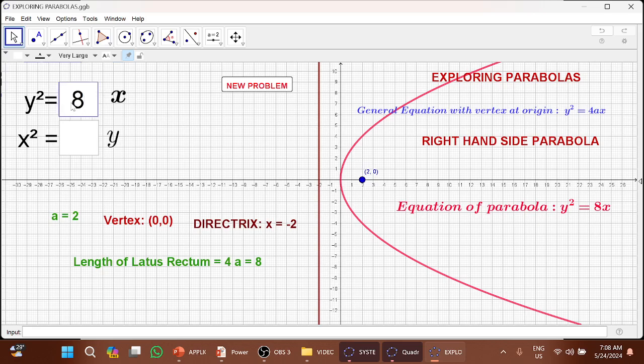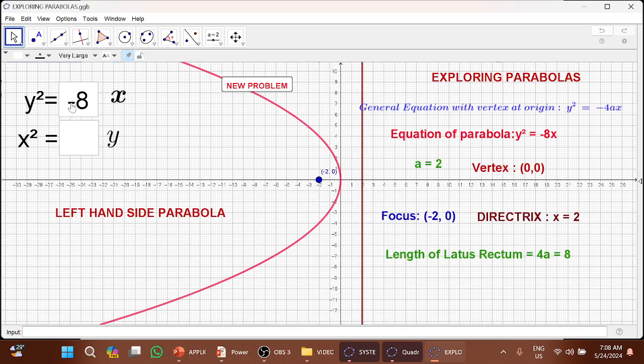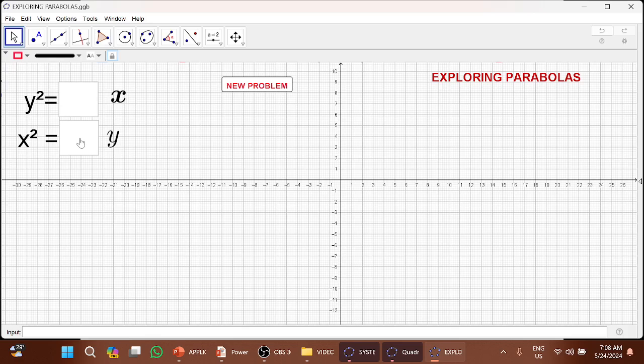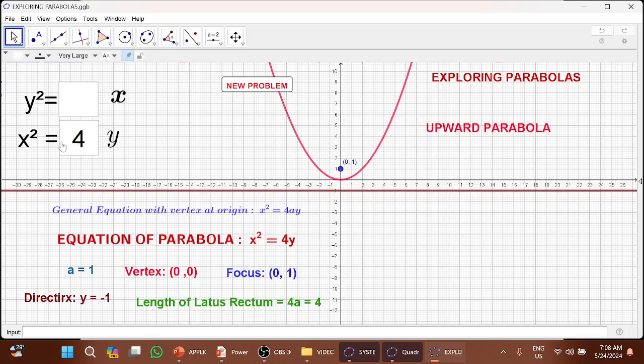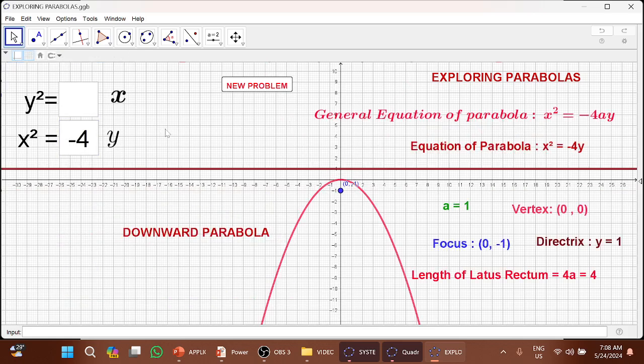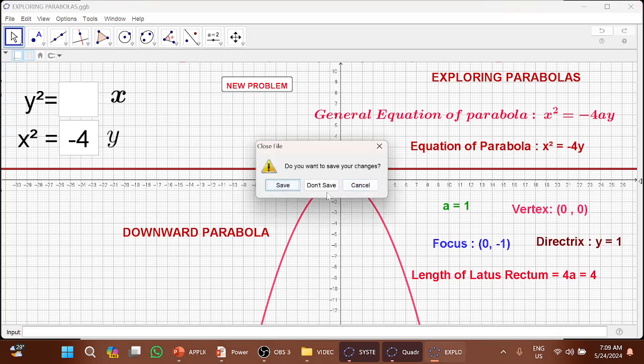Suppose what will happen if it is minus 8? They can have it immediately. Similarly, new problem, then they can have x square is equal to 4y. They can visualize what will happen if x square is equal to minus 4y. For all the four types of parabola, they can visualize, and you can use it in the classroom also to show them how to understand the different types of parabolas.